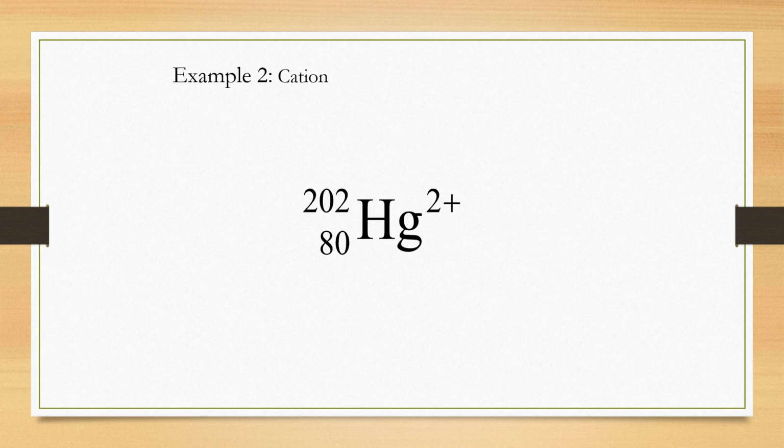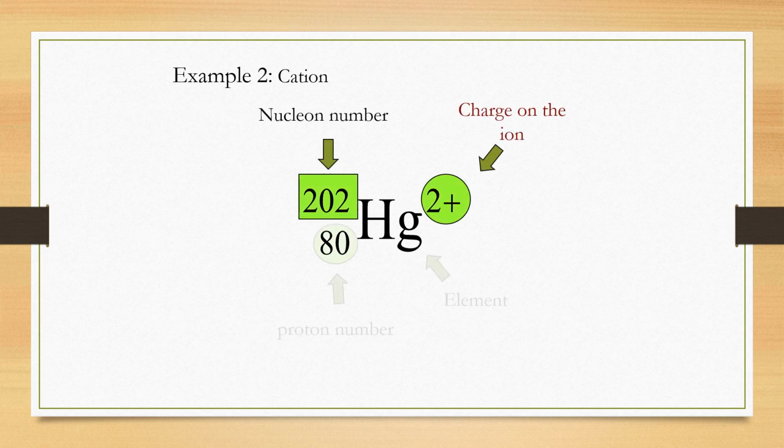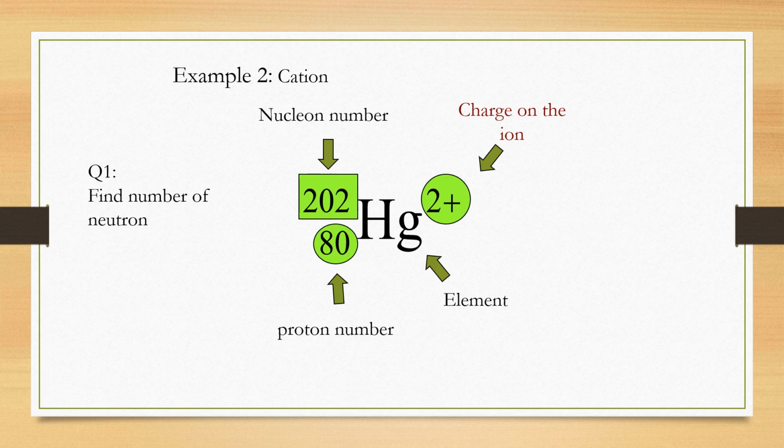Our second example here is mercury 2+. Mercury 2+ is a cation which has 80 protons and 202 nucleon number. So let us find the number of neutrons and number of electrons that mercury 2+ has.